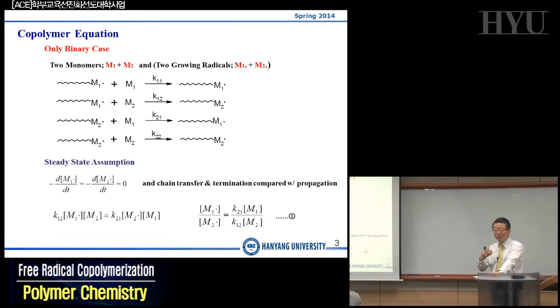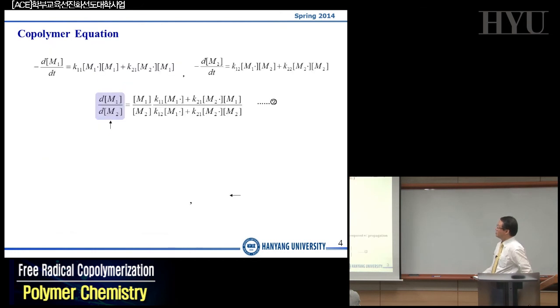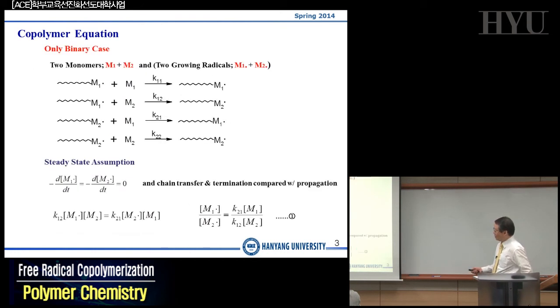So we would like to eliminate M1 dot over M2 dot as known constants and known concentrations. Therefore, we will use equation number 1 later in the derivation of the copolymer equation.